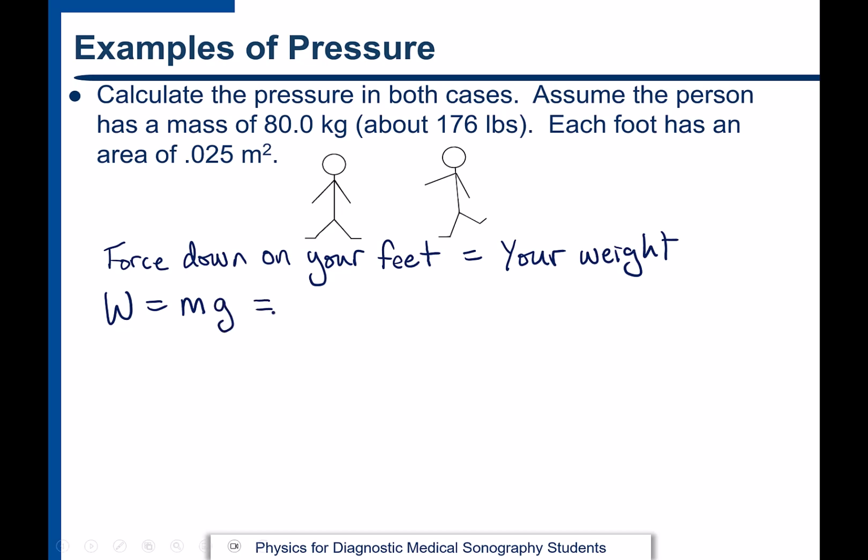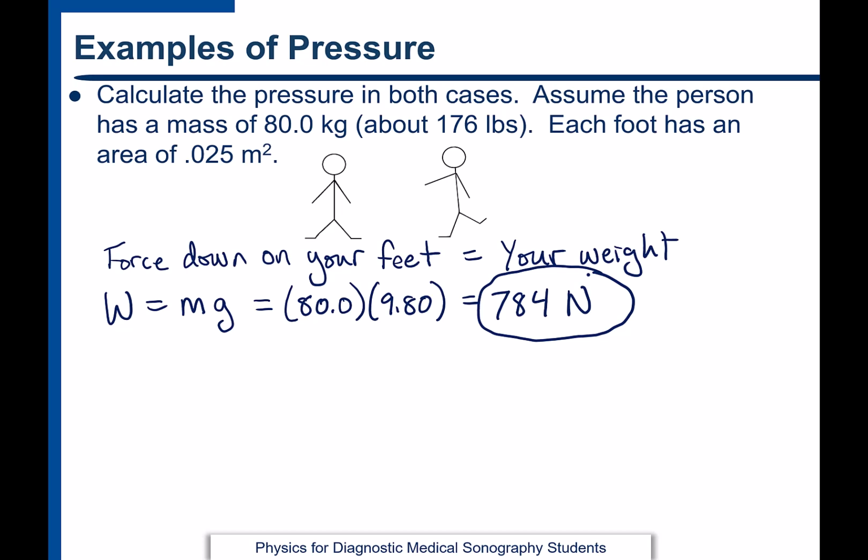And so in this case, we have 80 kilograms times the acceleration due to gravity of 9.8 meters per second squared. And if you calculate that, you should get 784. And remember that weight is a force, so it has units of newtons. So 784 newtons.